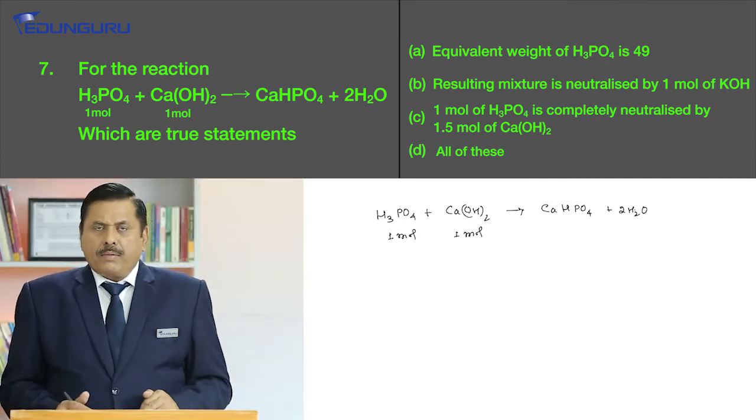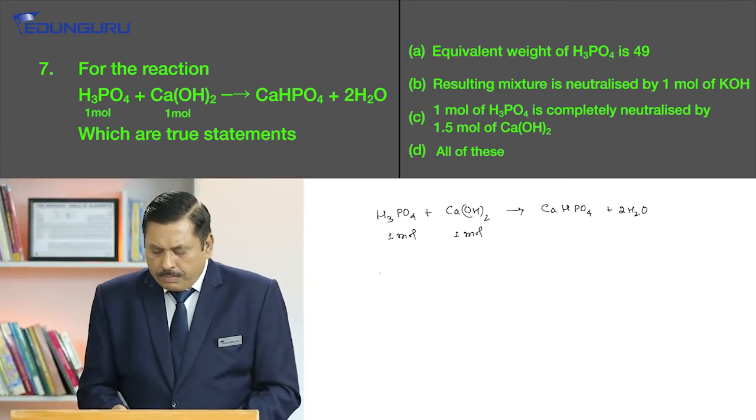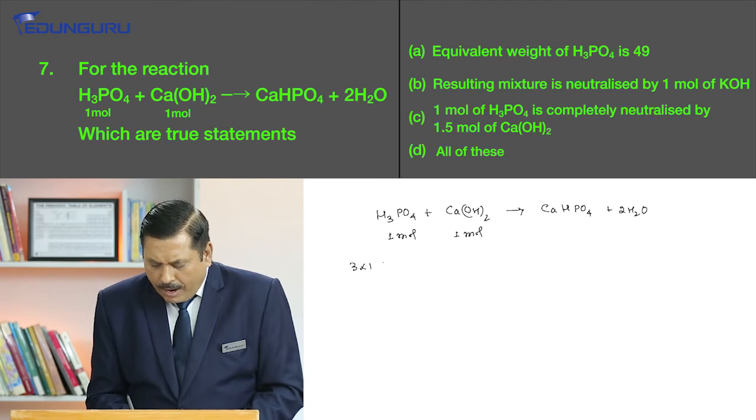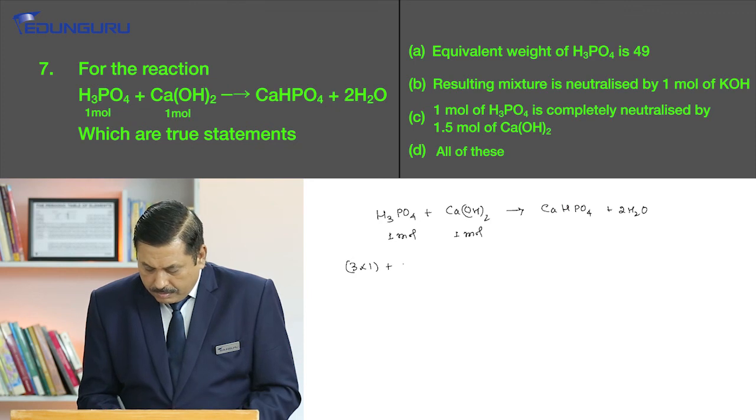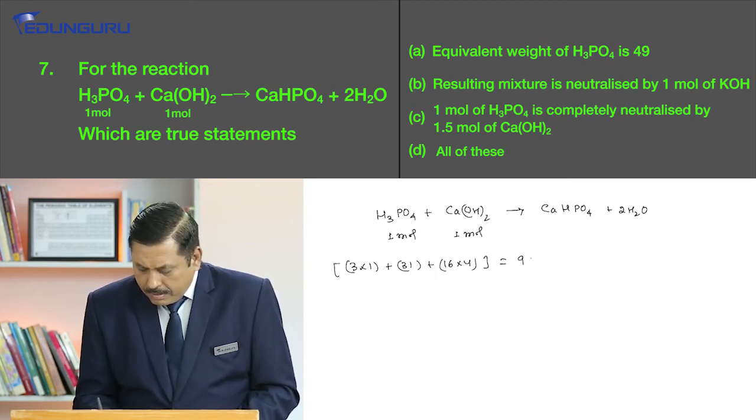Now, if we calculate the molar mass of H3PO4, it will be 3 into 1 plus 31 plus 16 into 4, which comes out to be 98 grams per mole.